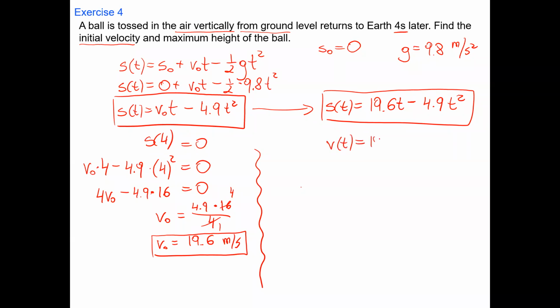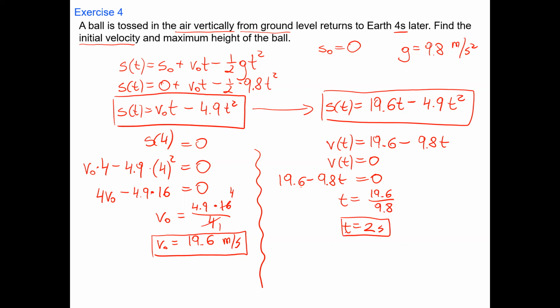Velocity is the derivative: 19.6 minus 4.9 again times 2, 9.8t, and velocity equals 0 if 19.6 minus 9.8t equals 0. t equals 19.6 divided by 9.8, and I believe it's exactly 2. Okay, exactly 2 seconds.